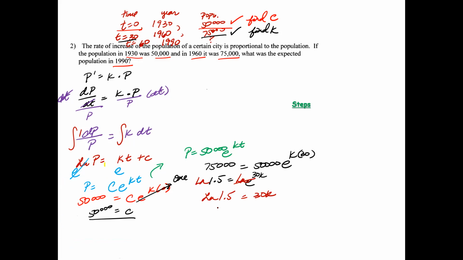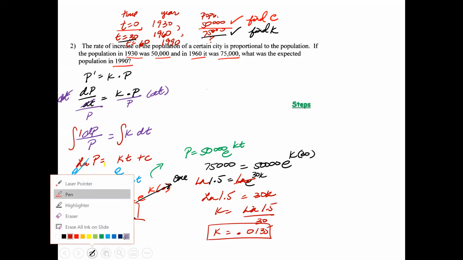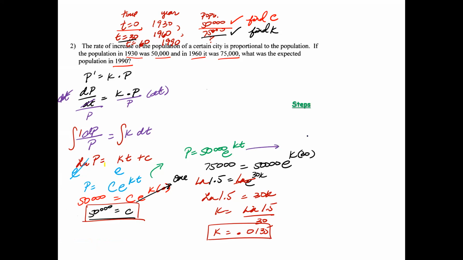Divided by 30 on both sides, K is equal to ln 1.5 divided by 30. Then with your calculator, you're going to plug in ln 1.5 divided by 30, and you should get K is equal to 0.0135. So now that you have your K and you have your C, you're going to plug it back into this equation. So P is equal to 50,000 e to the 0.0135t.